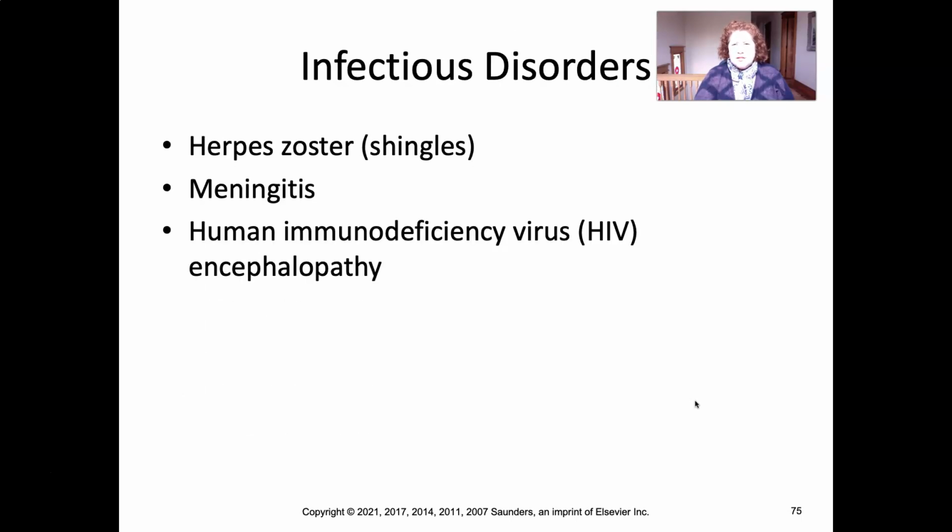There are infectious diseases that can attack the nervous system, including herpes zoster. If you've ever heard of the elderly who get shingles, I know a couple of people who do that are older than me, thankfully, but they do get the shingles, and that is extremely painful.